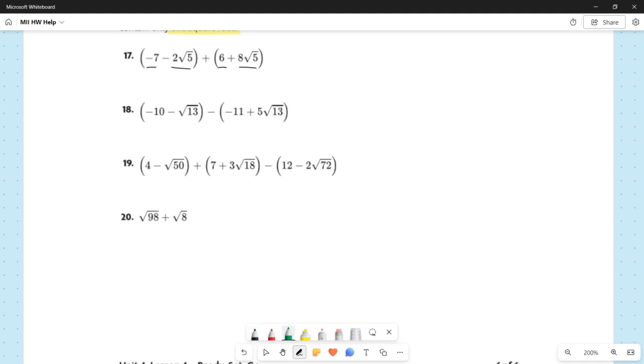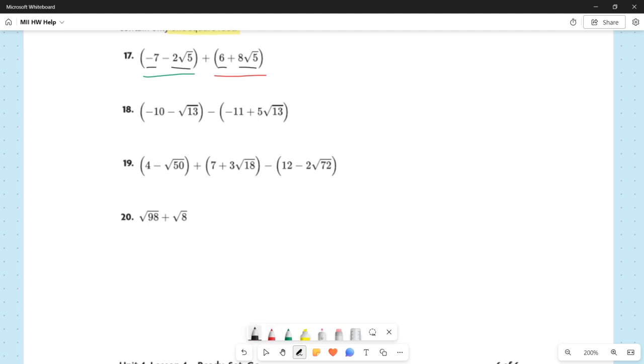You can think of this as one number plus another number, and each number has two parts to it: an integer part and an irrational part. It turns out that our final answer is going to look like an integer part and an irrational part.